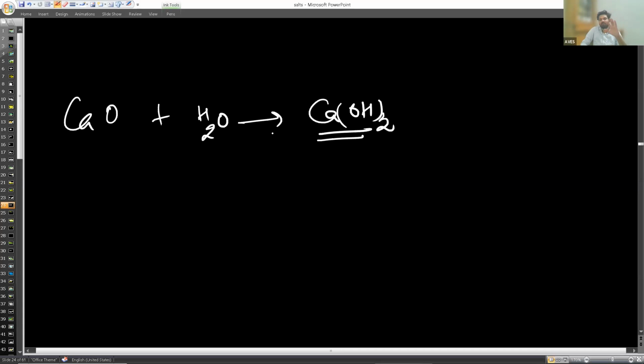The next day the curd will be formed. You will have some watery part, and some part is very dense white, which is curd. Similarly, when calcium oxide reacts with water, it forms calcium hydroxide, which is dense. If it is dense like curd, it is known as slaked lime.